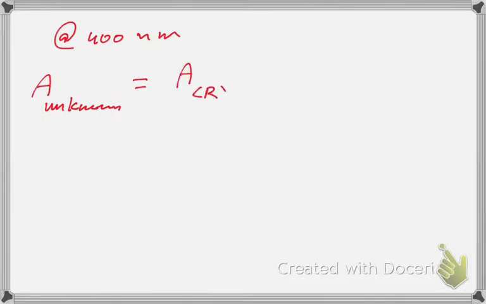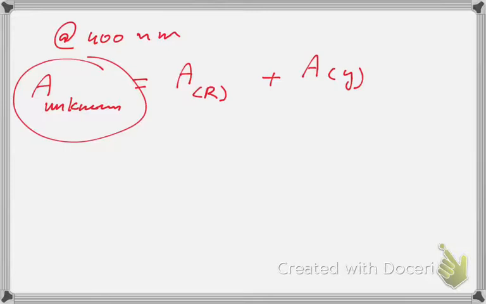I'm going to say at 400 nanometer, the absorption of the unknown equals the absorption of the red plus the absorption of the yellow. Let's say this is something you measured, you have this value. So let's say that when you took your unknown and you measured absorbance at 400, this value was 0.523. Okay?